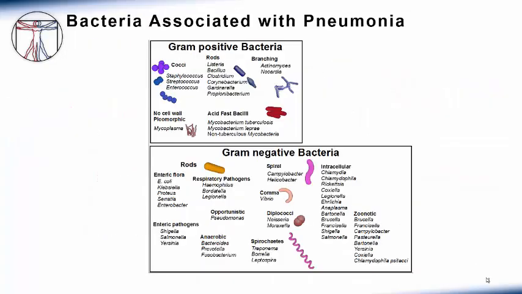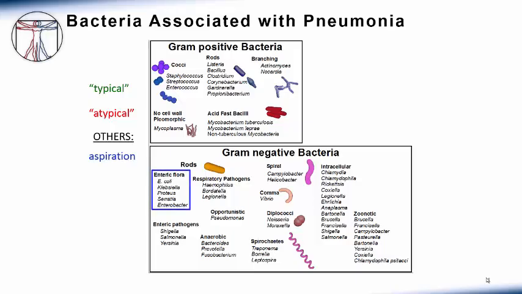Among the bacteria associated with pneumonia, two pathogens are commonly considered very common causes of typical bacterial pneumonia syndromes, including Streptococcus pneumoniae and Haemophilus influenzae. There are other atypical bacterial pathogens, such as Mycoplasma species, Chlamydophila, and Legionella, that collectively comprise the atypical bacterial causes of pneumonia.